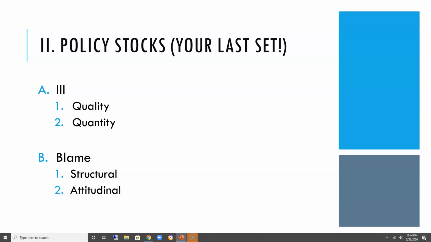Structural blame is when there is a physical, measurable issue that's causing the problem. So there's something that I can go out and see, count, touch, and measure, and that is what is causing the ill. An attitudinal blame is when it is more in the values, beliefs, or ideas of a person, and that's what's causing the issue.